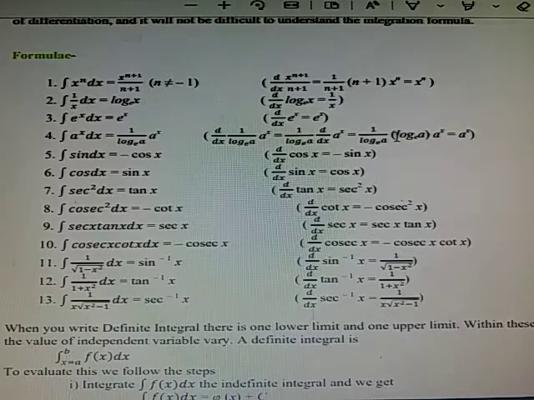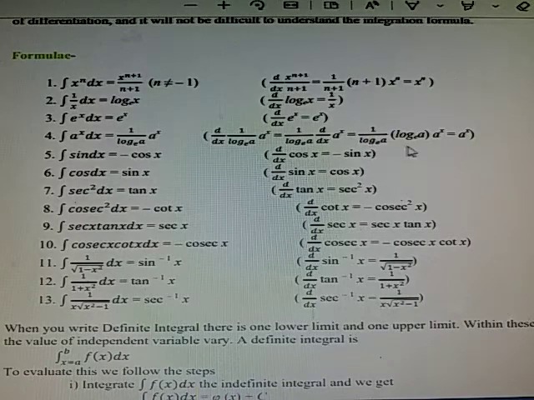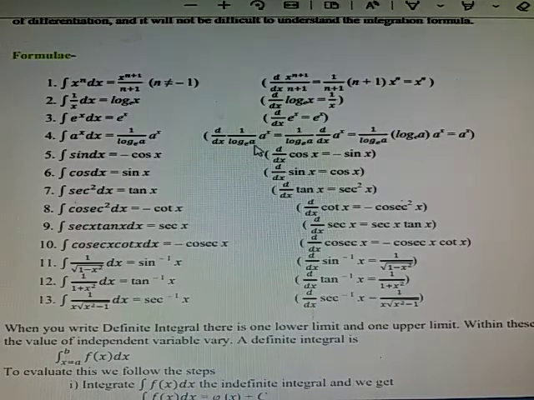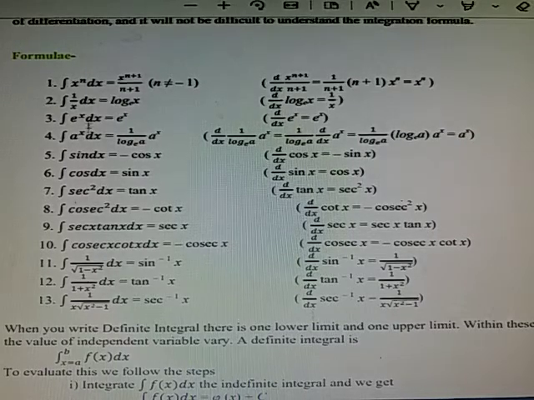So this is the derivative of this. So we divide by log of a to the base e, so that we have a to the power x. So integration of a to the power x is a to the power x divided by log a, log of a to the base e. So we are having this formula.